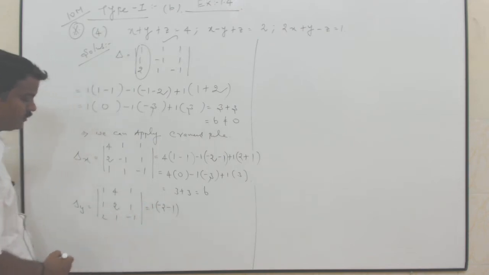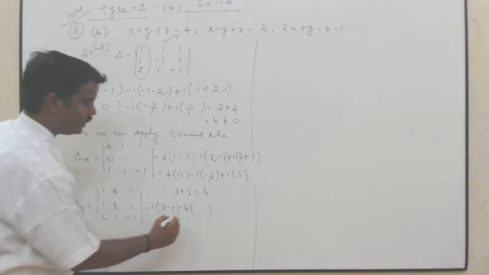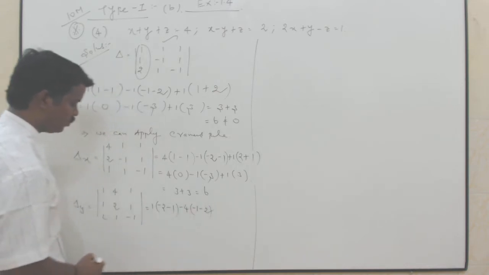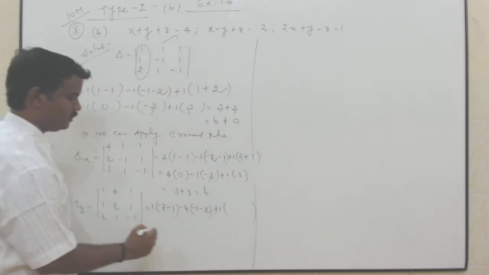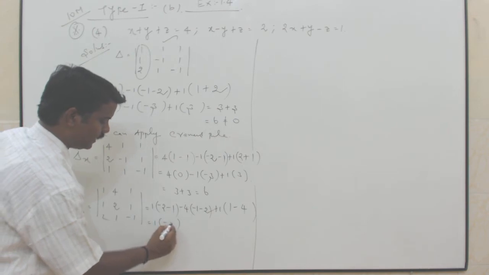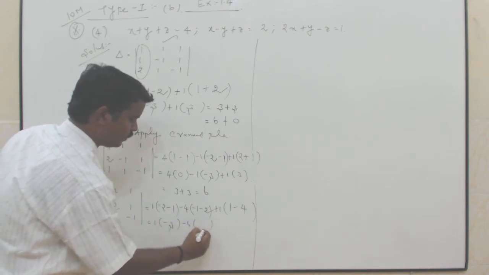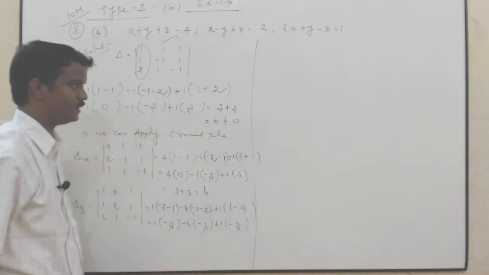minus 2 minus 1. Then minus 4 into minus 1 minus 2. Then plus 1 into 1 minus 4. 1 into minus 3, minus 4 into minus 3, plus 1 into minus 3.